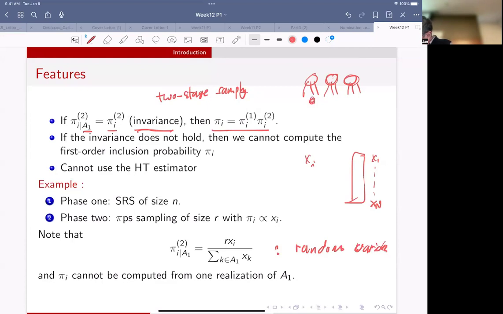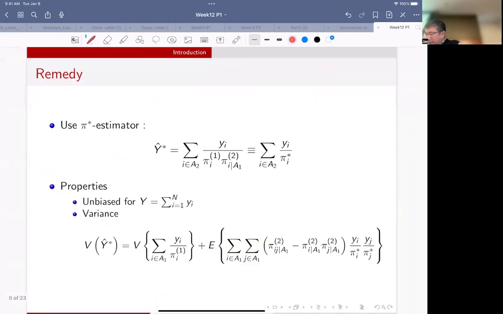And then we don't know what the expectation of this is, right? So this is the pi i, but we don't know it, unless we know the expectation. So then what should we do? Well, the idea is to give up Horvitz-Thompson, but still we can do something.